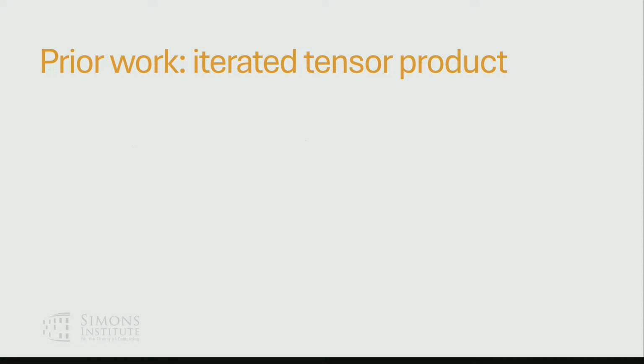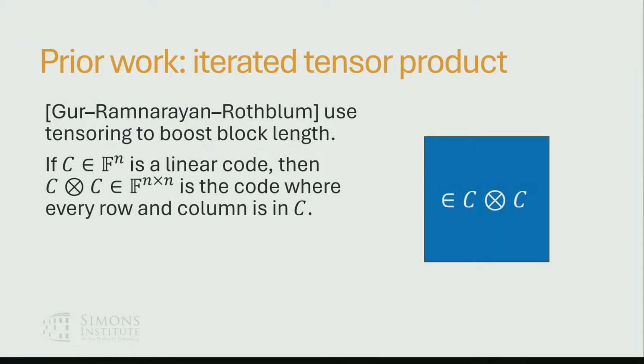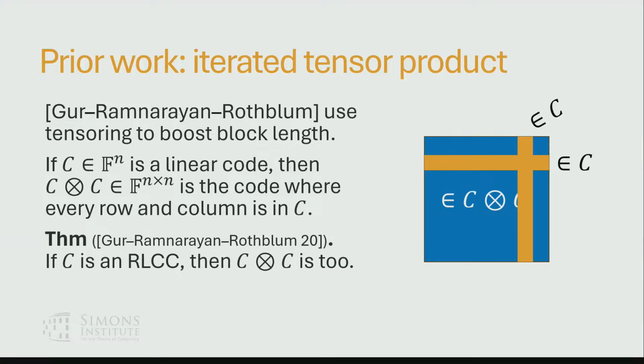If you've never seen the tensor product before, basically, if C is a linear code, then the code C tensor C is the linear code where every row is a codeword of C and every column is a codeword of C. This is a fundamental operation in coding theory for building larger codes from smaller codes. You would hope that because C tensor C has so much structure from C, some properties of C will also carry over to the larger code. And that's exactly what they show: when C is an RLCC, then C tensor C is also an RLCC.